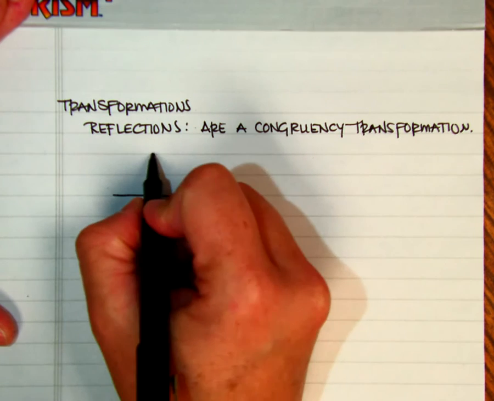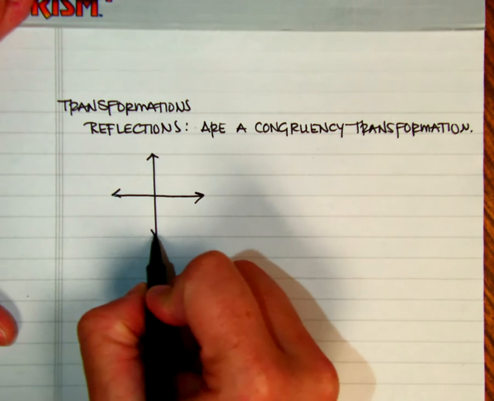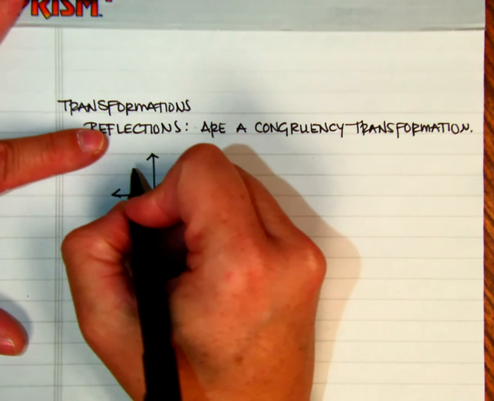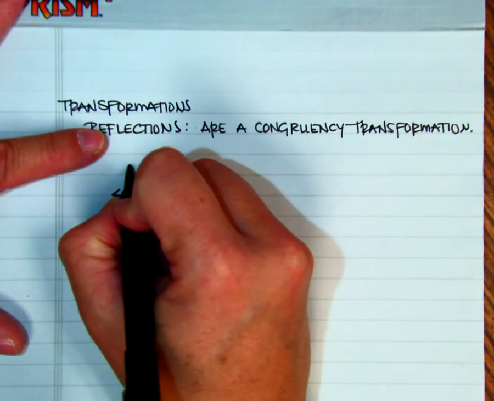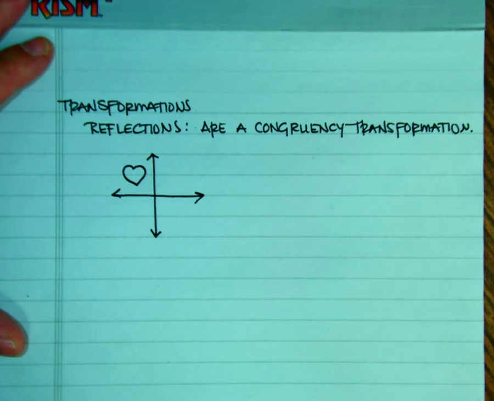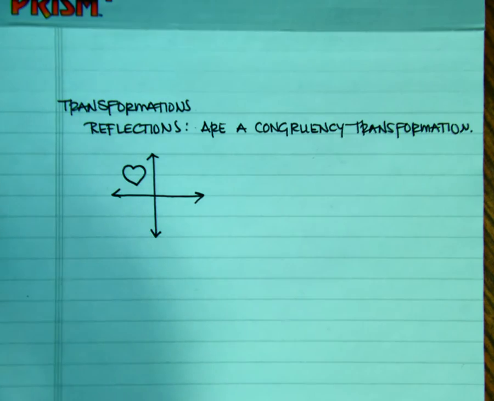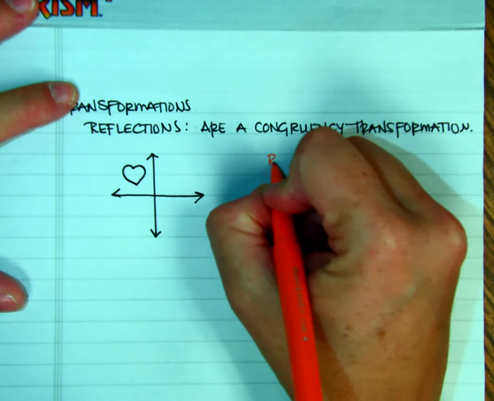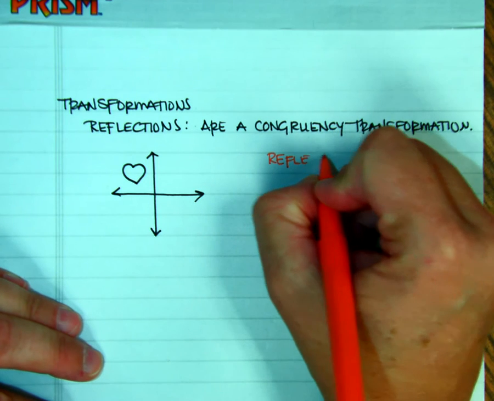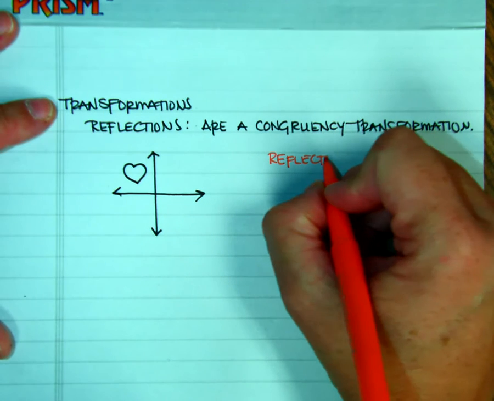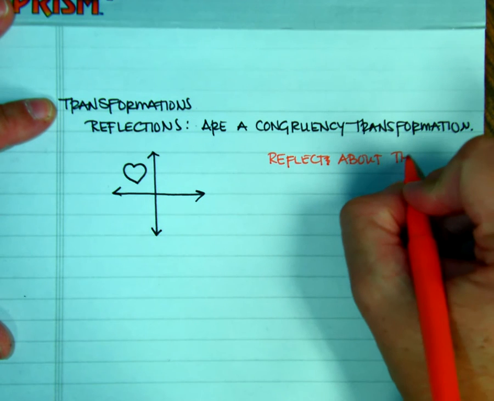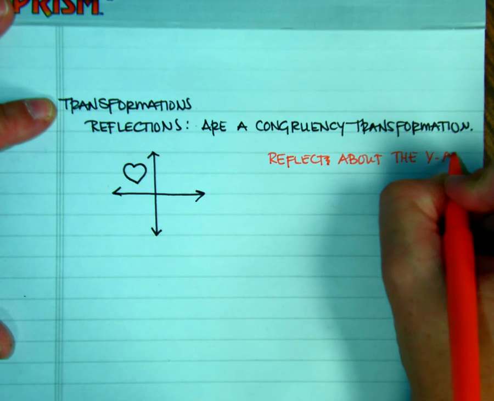So if we have a coordinate plane, and we're going to make it something fairly obvious. If I have a heart and I reflect about the y-axis.